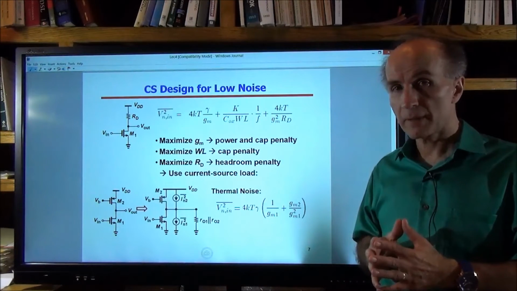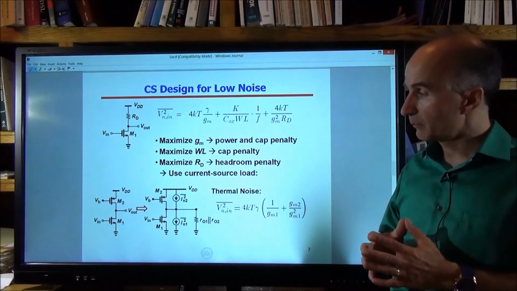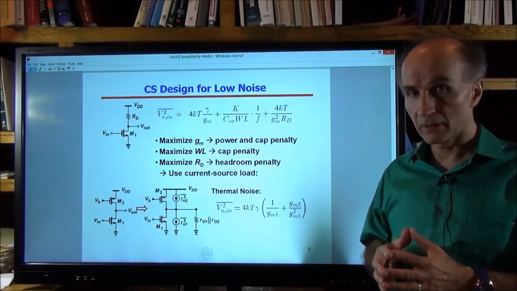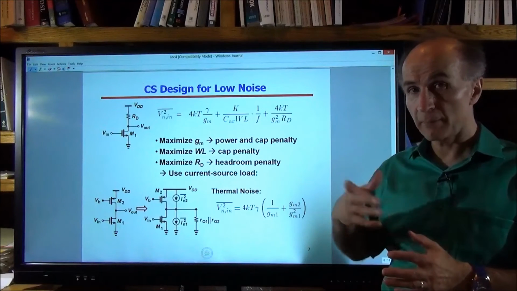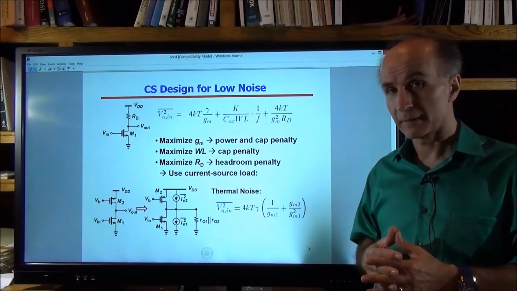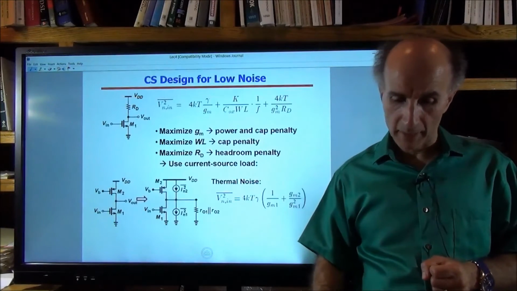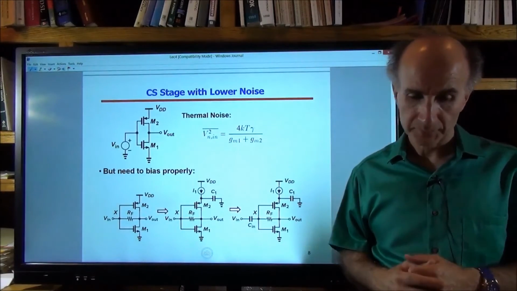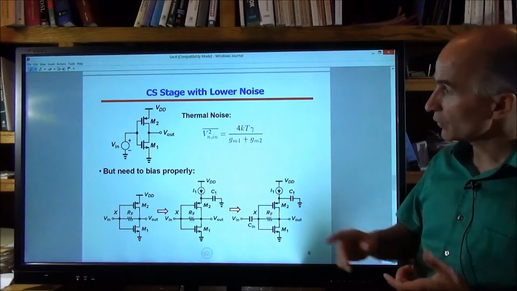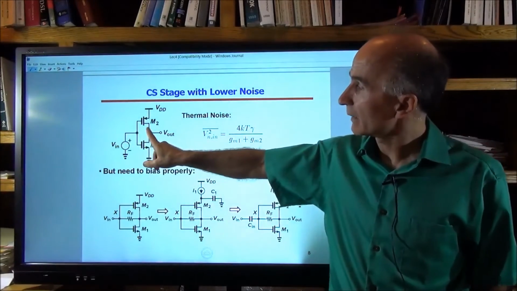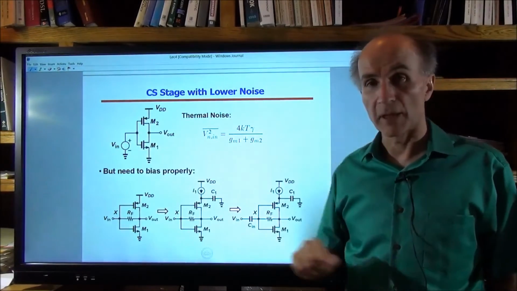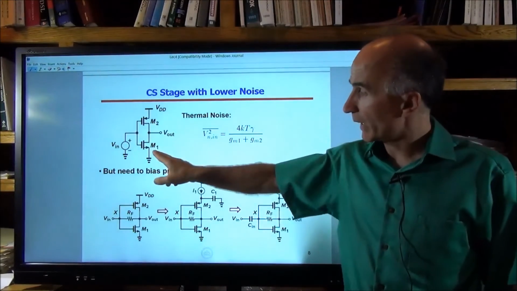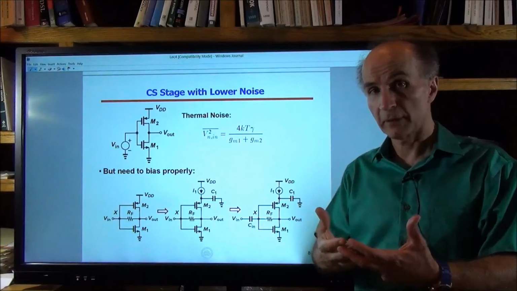Now, is it possible to improve the situation by letting the signal flow through M2 as well as M1? And that would be something like this. So the signal comes in and it goes to the gates of both devices. Now you can see that M2 and M1 from a small signal perspective are in parallel.